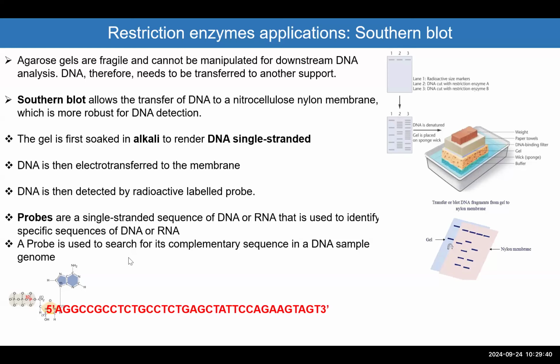Then at the last step, we can apply the probe on the nitrocellulose membrane. And if the DNA that has migrated shows bands, we will know that we are detecting this particular DNA signal.